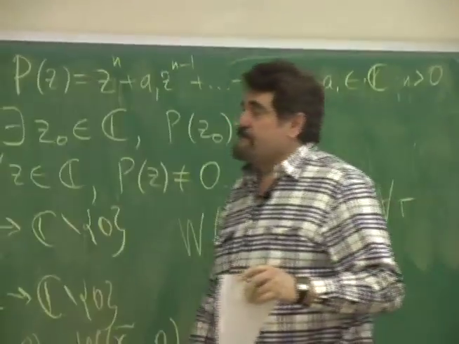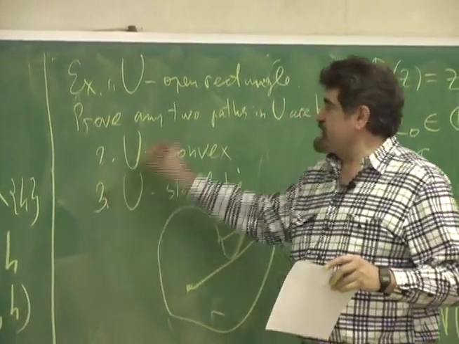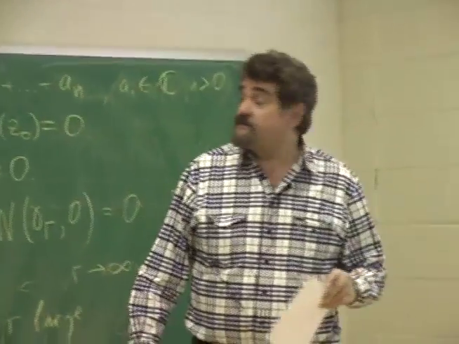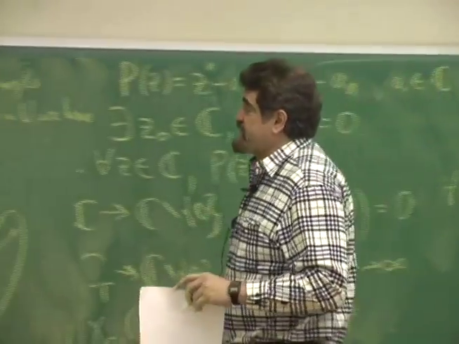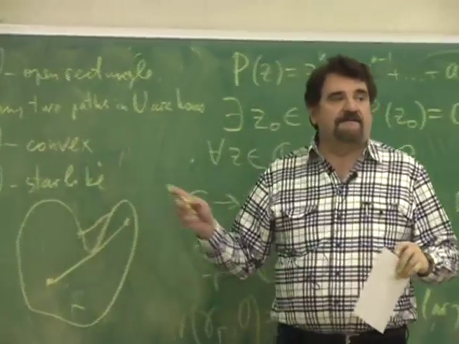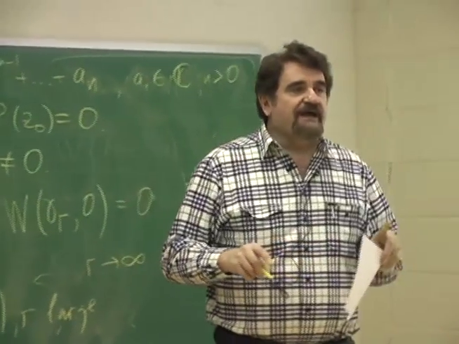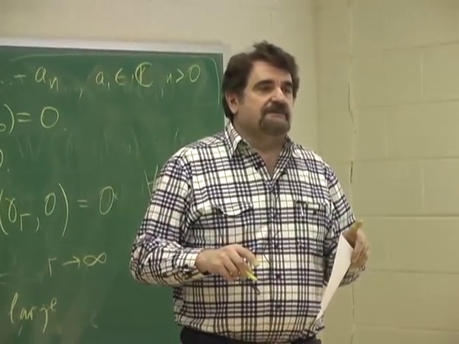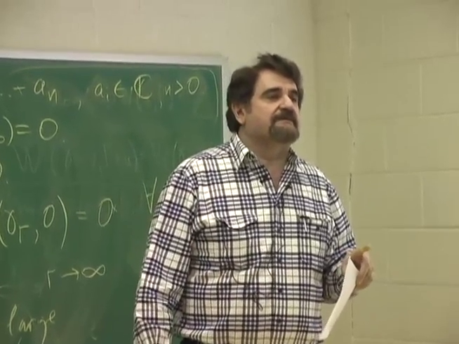So it is number 1, number 2, number 3. The same thing is asked to be proved. If I have a convex domain, then any two curves in this domain are homotopic. What I suggest is that you simply write down the homotopy.